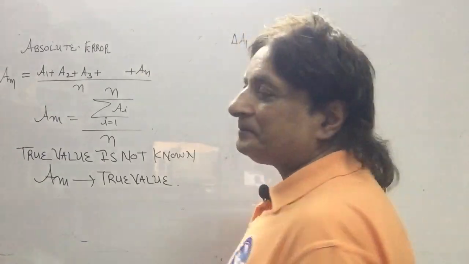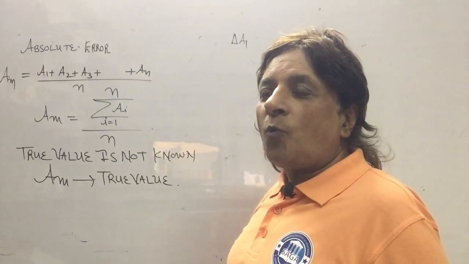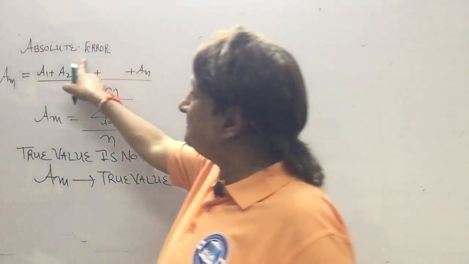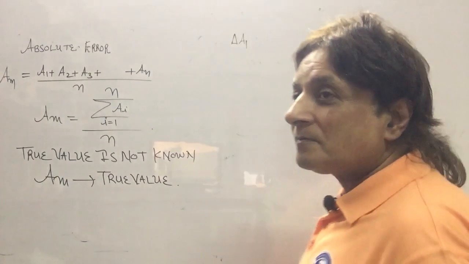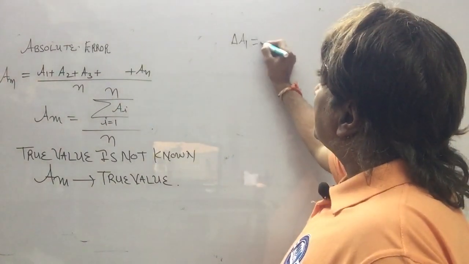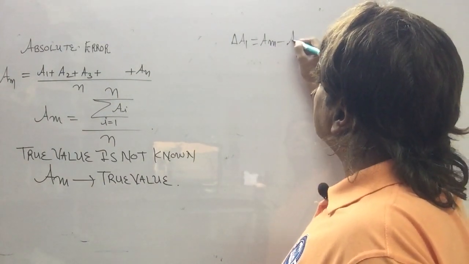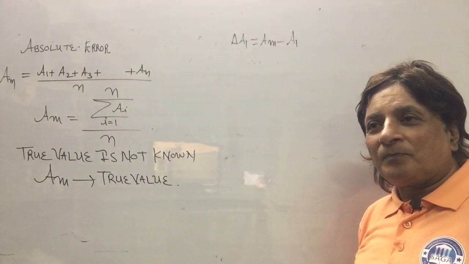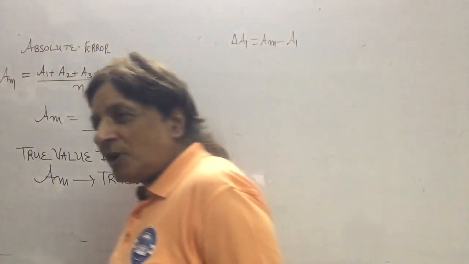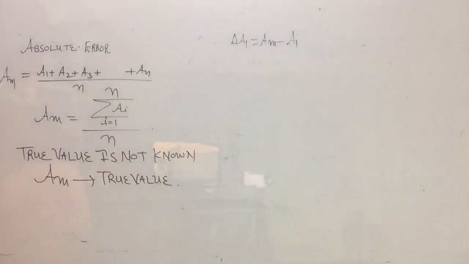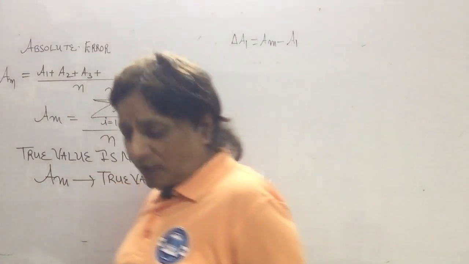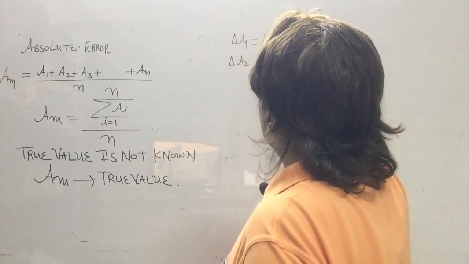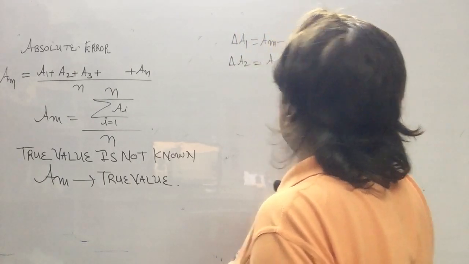Delta A1. What is delta A1? Delta A1 is called what? Absolute error. That is equal to AM minus A1. Delta A2, that is AM minus A2.